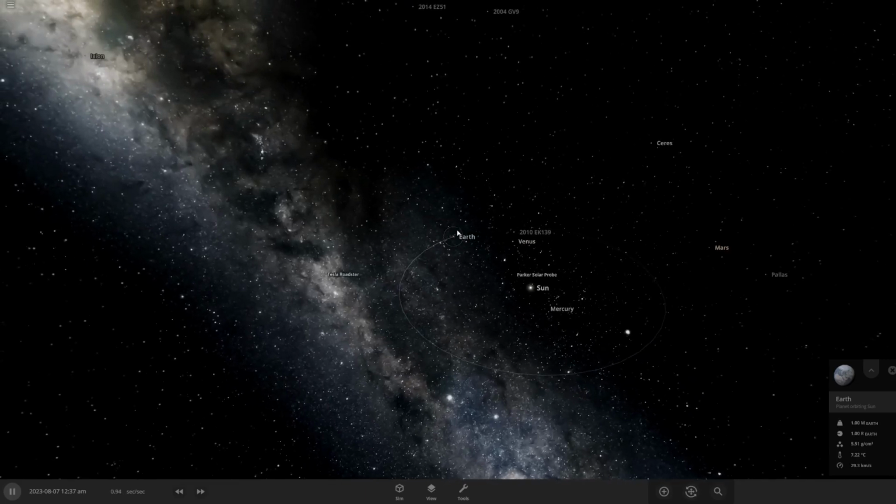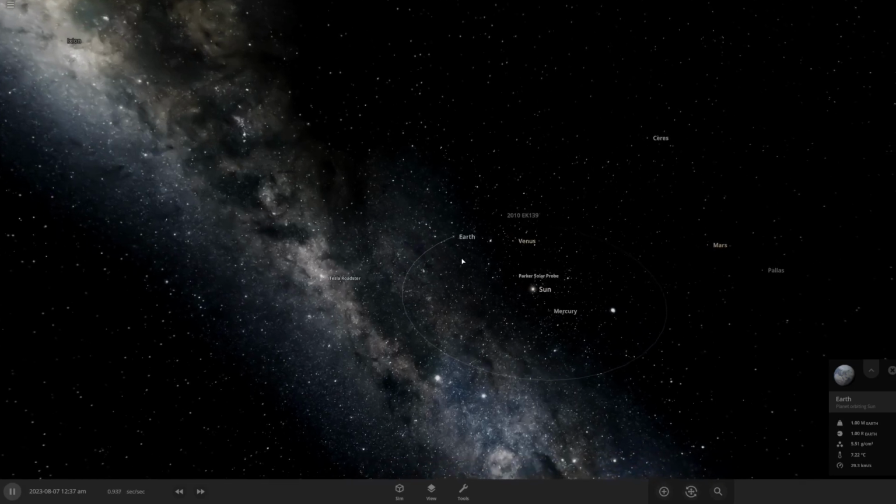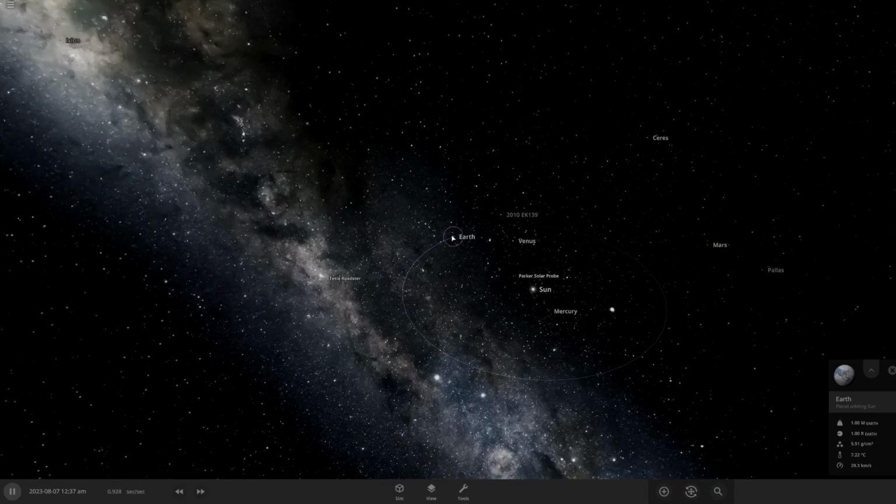Universe Sandbox Simulator has a lot of fun tools that allow us to change things like the flow of time to help us get a good understanding of how the planets move and how our universe works.